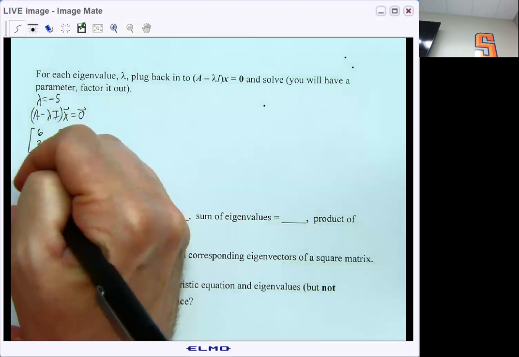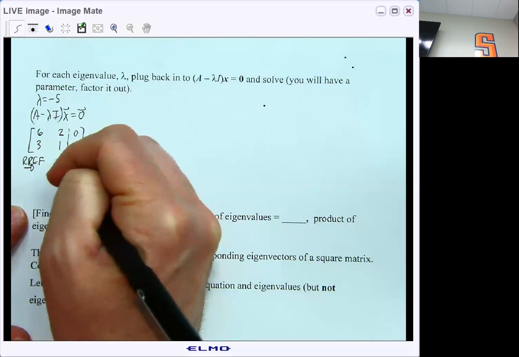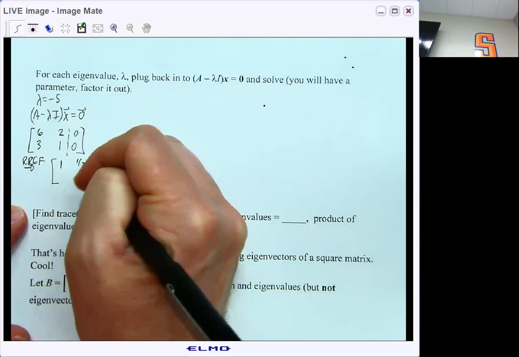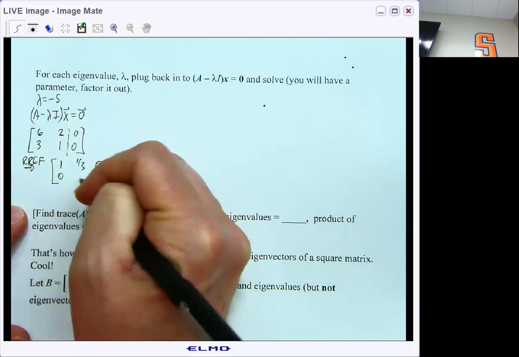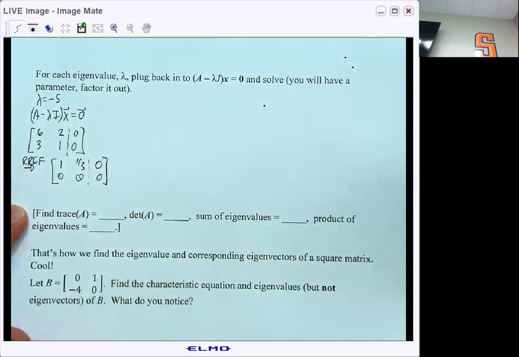If we RREF this matrix, we will end up with 1, 1/3, 0, 0, 0, 0, which tells me I'm going to need a parameter, which is good, and we'll talk about why later on in the course.